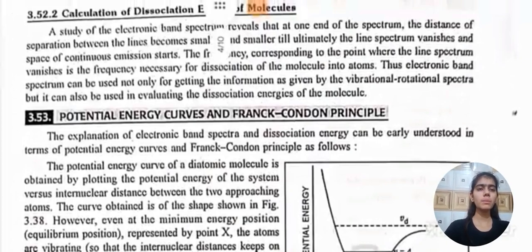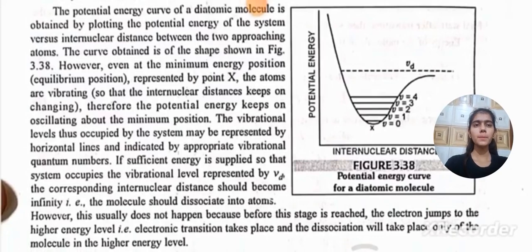However, even at the minimum energy position, that is the equilibrium position represented by the point x, the atoms are vibrating so that the internuclear distance keeps on changing. Therefore, the potential energy keeps on oscillating about the minimum position.